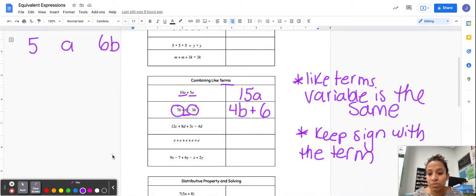If I look at my next problem, this time I've got two pairs of like terms. I have 12c plus 3c. So 12c plus 3c is 15c. And then I also have 8d minus 4d. Keep the sign, minus 4d. 8d minus 4d is 4d.